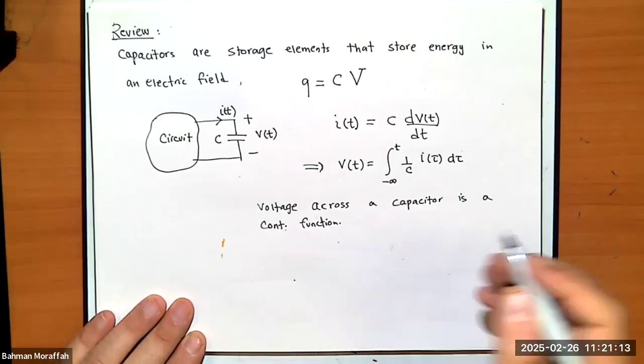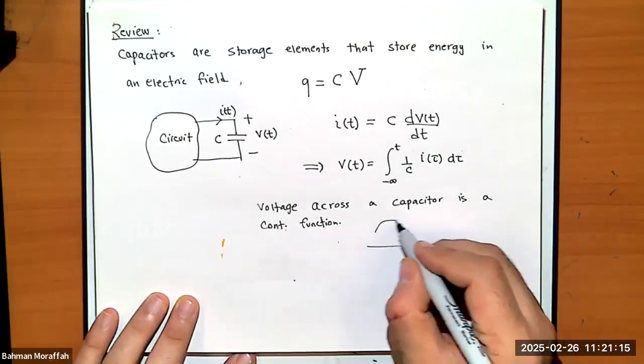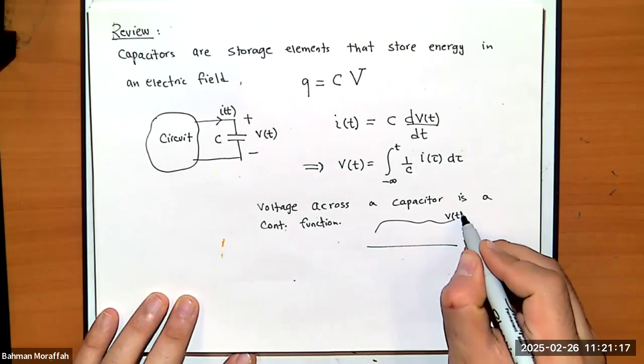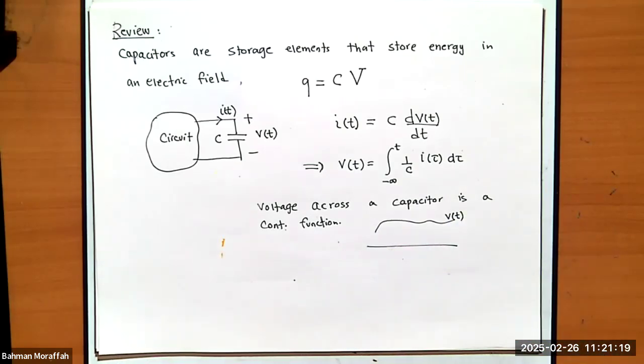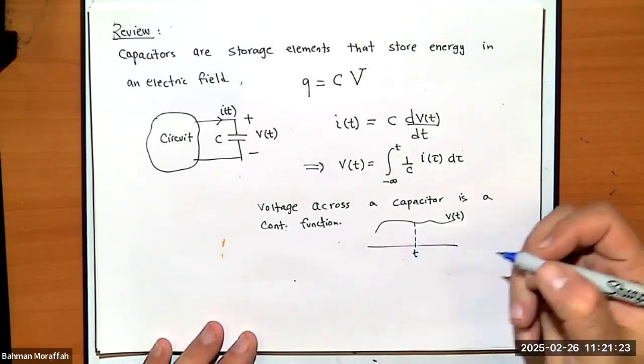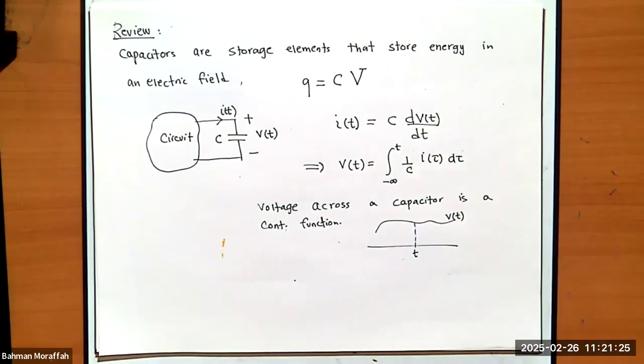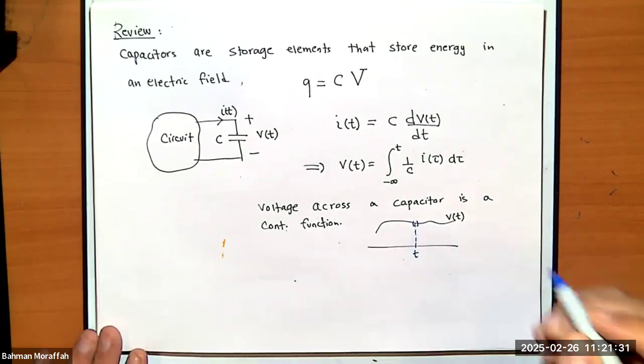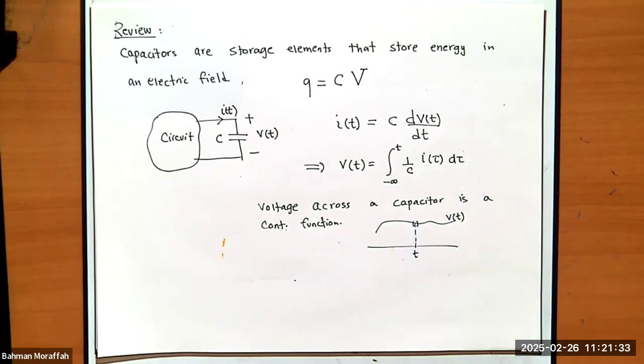which meant that if I have some voltage v(t) across the capacitor, and I look at the voltage at any given time t, and at the value of v(t) a little bit before that time and a little bit after that time, these two values should be the same.